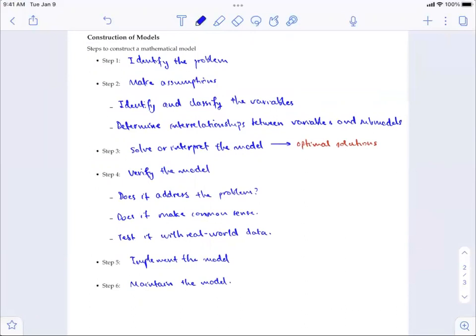Because it's still a very basic level of building up math modeling, we're not going to care too much about implementing this in real world situations or maintaining this in real world situations. We just want to focus on: can we identify the problem? Can we make assumptions to simplify the problem so that we can solve it and verify it with some real world data? Okay.